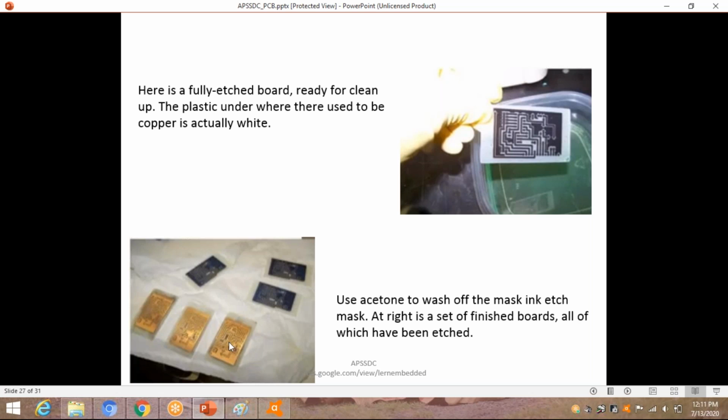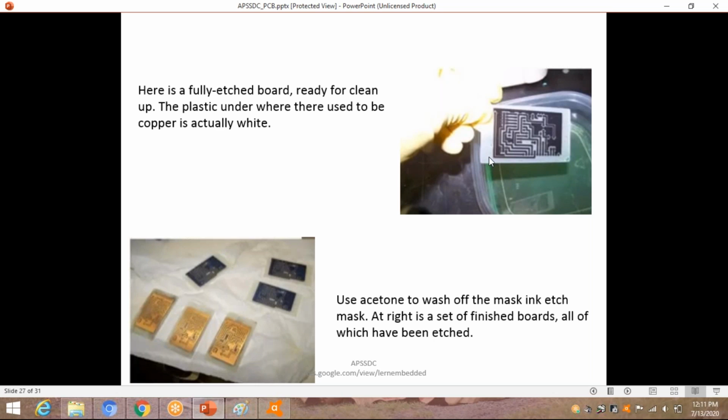See here, guys. This is the etched board. You can read the font. Here is a fully etched board ready for cleanup. The plastic under where there used to be copper is actually white. This is a completely etched board. Guys, you can observe here, there is no copper here.